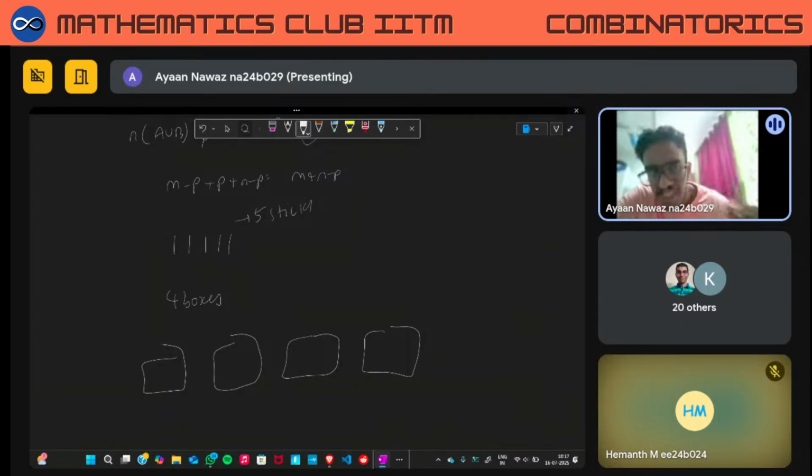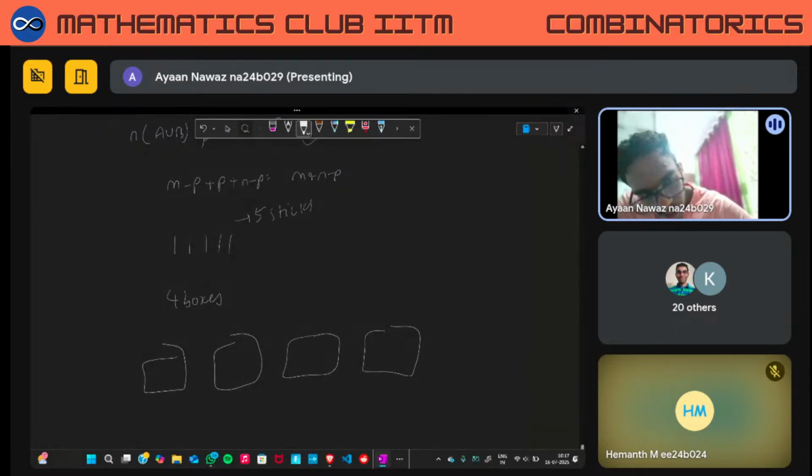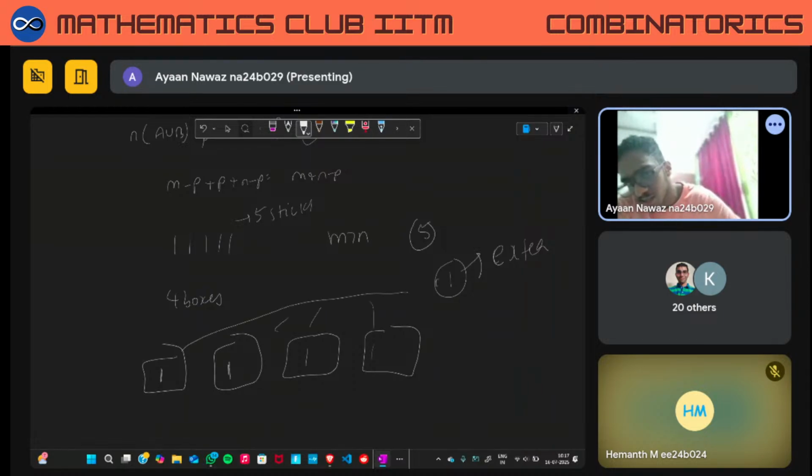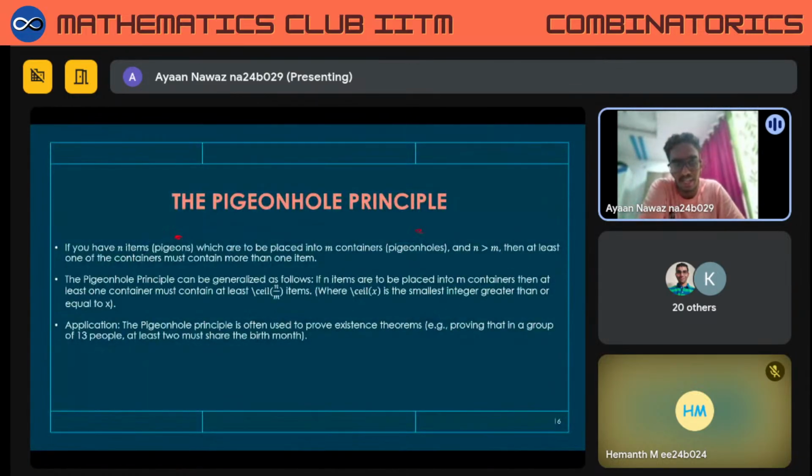Suppose I begin placing them in the most ideal way, trying to disprove the pigeonhole principle, which you cannot do. I put one stick here, one here, one here, and one here. But I have one stick extra left, because there are five sticks, so n is greater than m. This extra stick has to go in one of these four boxes. That is how we prove the pigeonhole principle. That is basically the pigeonhole principle.